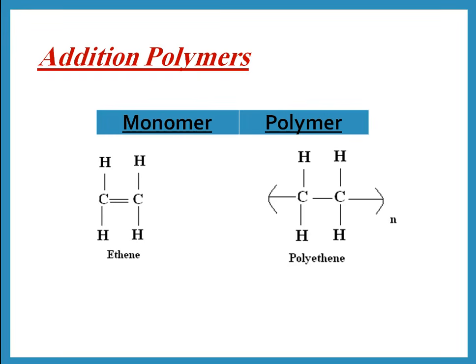And we said if my monomer is ethene, the polymer will be called polyethene, even though it doesn't have a double bond anymore. But this is just referring to the fact that it is a polymer of ethene.